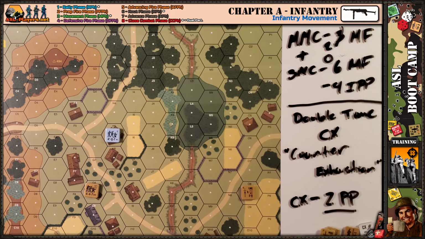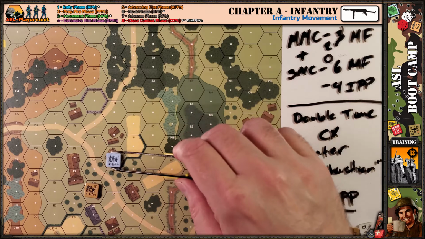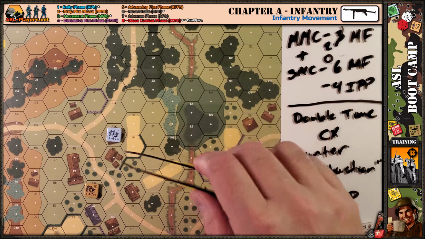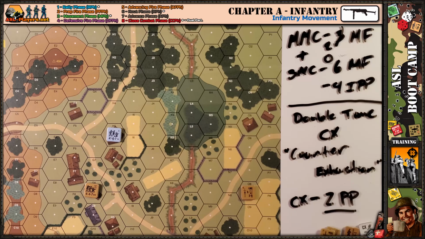And then there's moving in the open, which is bad. There's really no cover. You're taking risk while you're moving. You're not moving haphazardly, but you're not taking advantage of cover as you move.